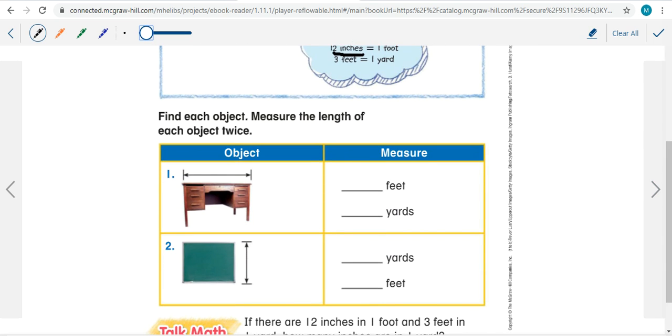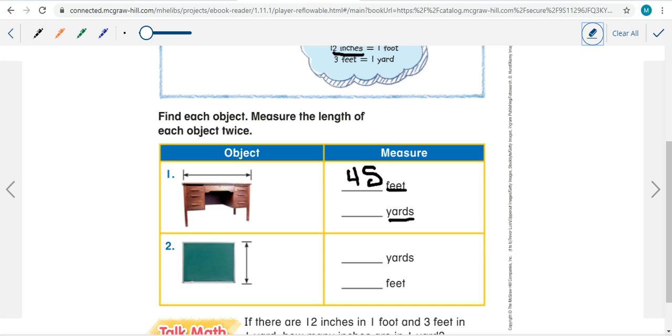Now, find the object and measure the length of each object twice. First we're going to measure in feet and then in yards. How many inches long do you think the teacher's desk is? Maybe 48 inches? Oh, sorry. We're measuring in feet.